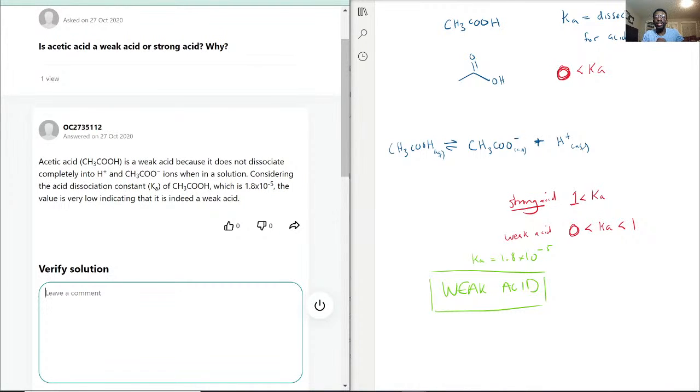Anything really, as soon as you hit less than 1, you can just say it's a weak acid, just because that means it doesn't dissociate completely. Meaning that however many moles or whatever concentration of acetic acid you have, or other weak acids, the pH value would read higher than it would for the same concentration of a strong acid. And by higher, I mean it would appear less acidic, because exactly it didn't dissociate completely.